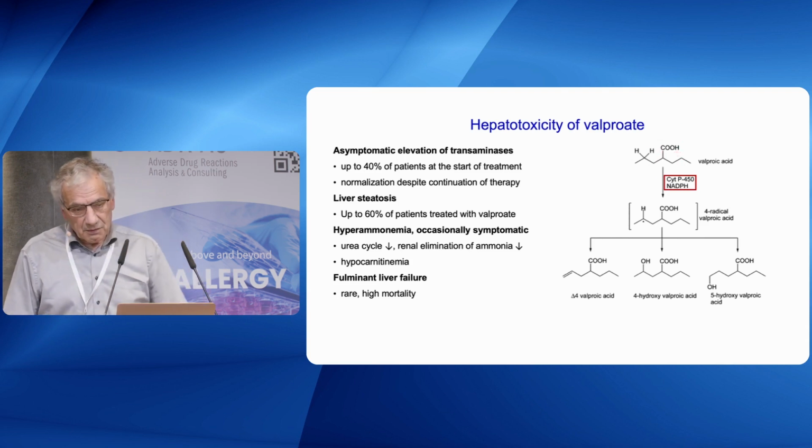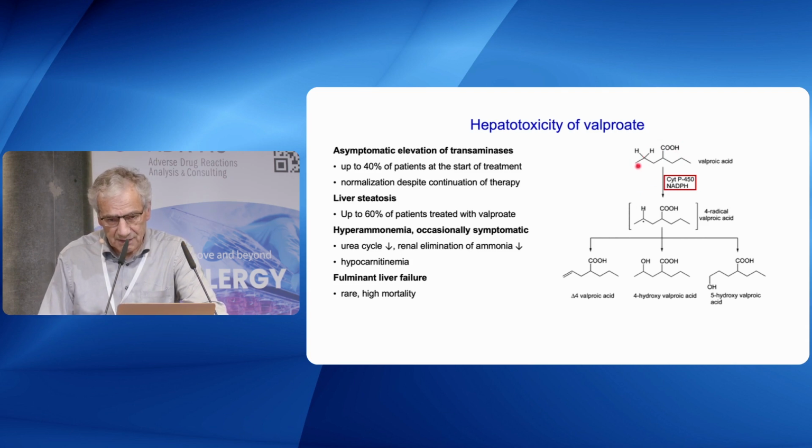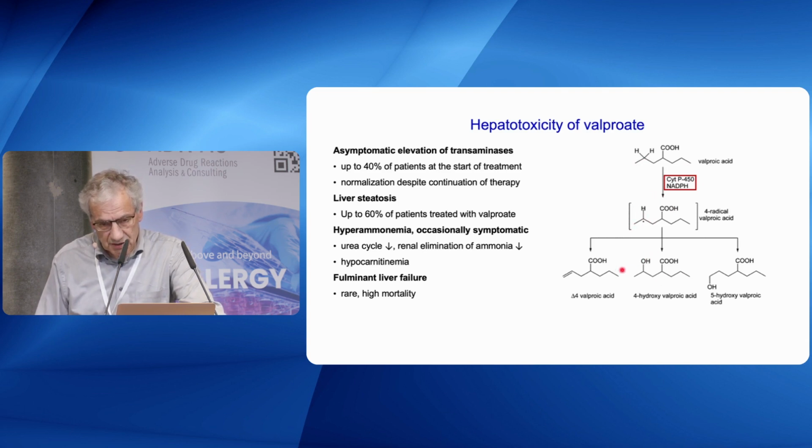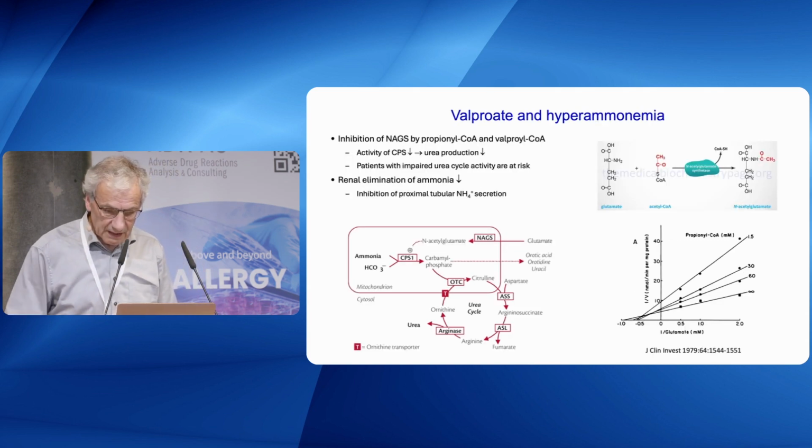And a very small part is metabolized here in the side chain by CYP2C9, a cytochrome. And it can be a hydroxylation, it can be a dehydrogenation. You see these hydroxylations. And an intermediate is formed, which is a radical, which is always a little bit difficult for the liver, just to tell you.